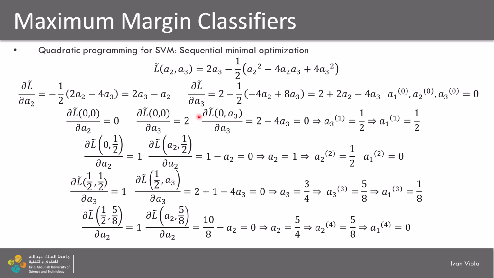The answer can be defined by the partial derivative, where we define A2 as a fixed value 0. When we put the 0 for A2, we have the formula 2 minus 4A3 is equal to 0, because we are trying to maximize this Lagrangian formula with this fixed 0. That leads to A3 after the first iteration being equal to 1/2.